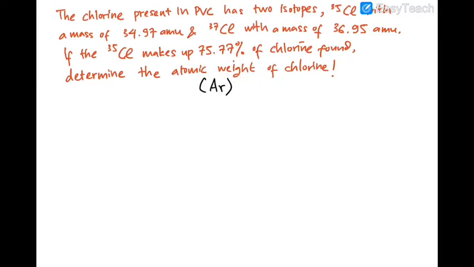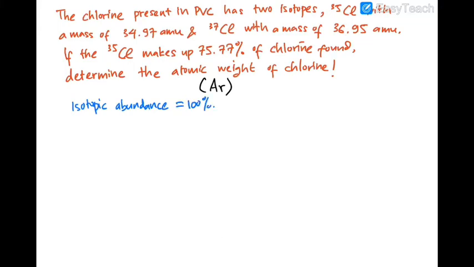Now, how do we solve this? You can pause the video if you want to try to solve this on your own first. Okay, now we know that in total, the isotopic abundance has to be 100%.